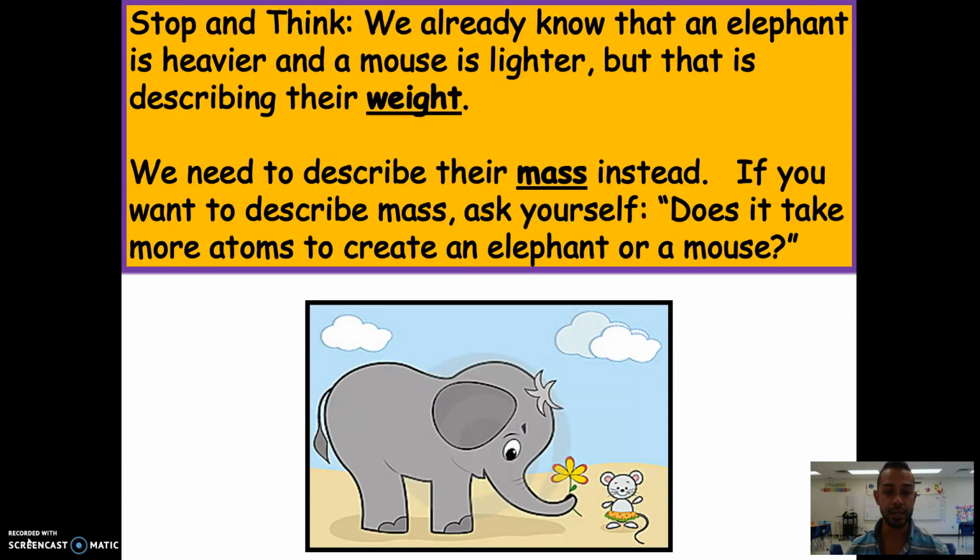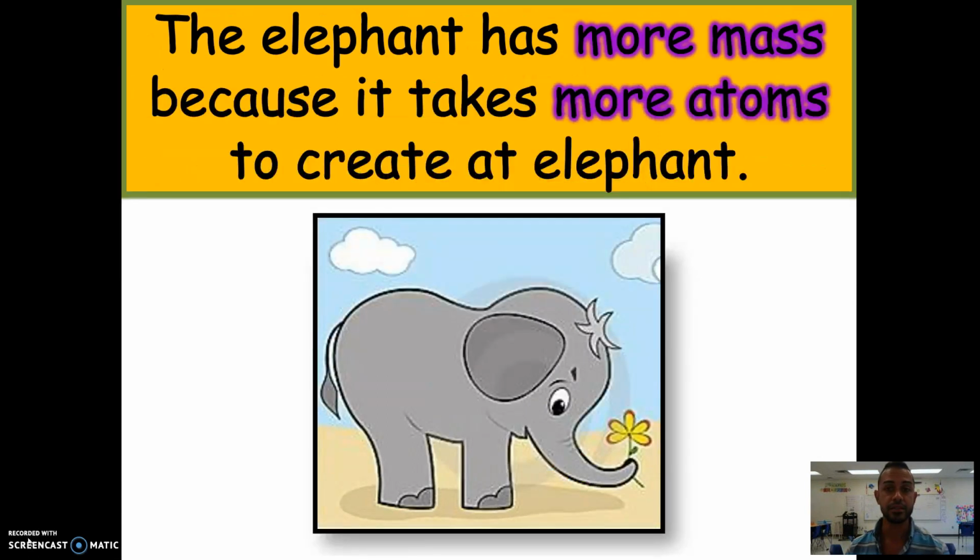If you want to describe mass, ask yourself, does it take more atoms to create an elephant or a mouse? So obviously the elephant has more mass because it takes more atoms to create an elephant. Okay, so the elephant is bigger, so we need more atoms to create an elephant. So if you have a pencil and you have your notebook, which one needs less atoms to be created?